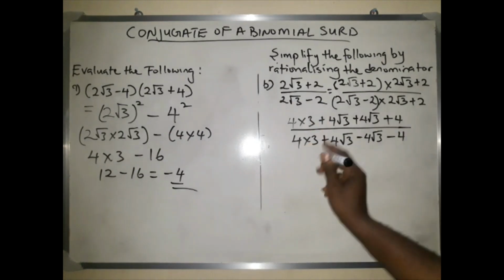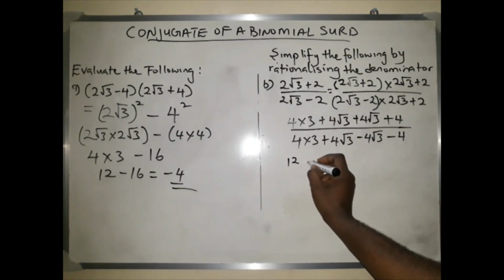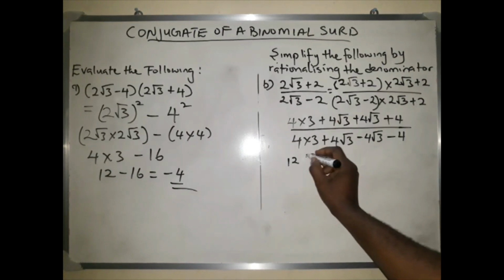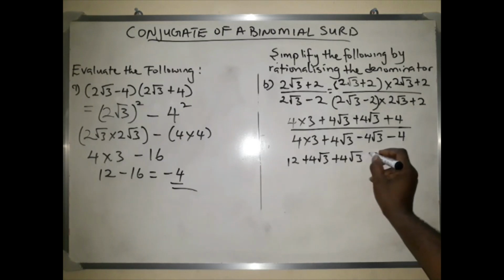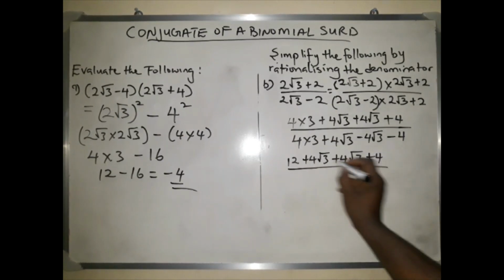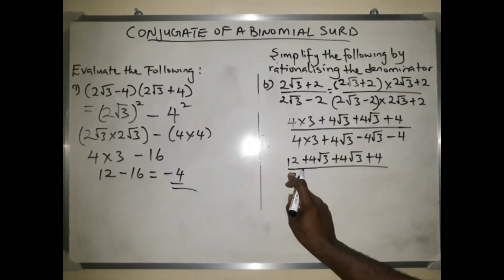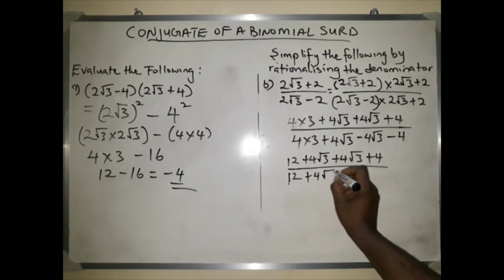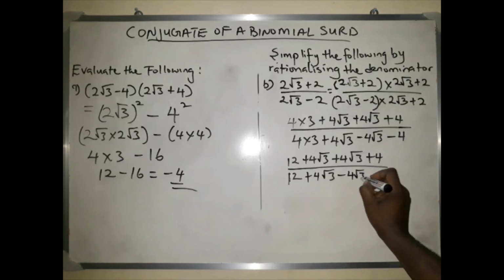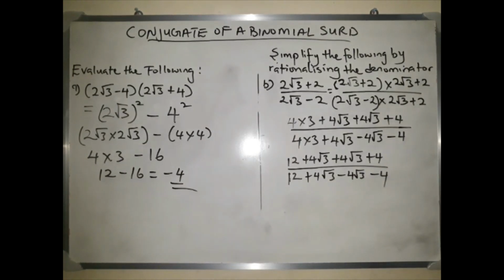Okay, so simplify all of this. 4 times 3 is 12, plus 4 root 3, do it step by step so we keep up, plus 4, all over 12 again, that's 4 times 3 is 12, plus 4 root 3 minus 4 root 3 minus 4. So now you collect the like terms.